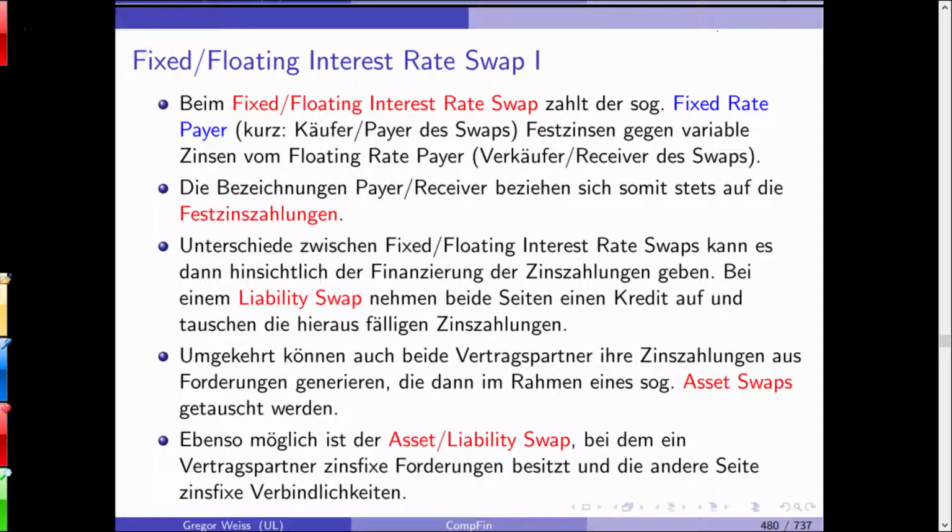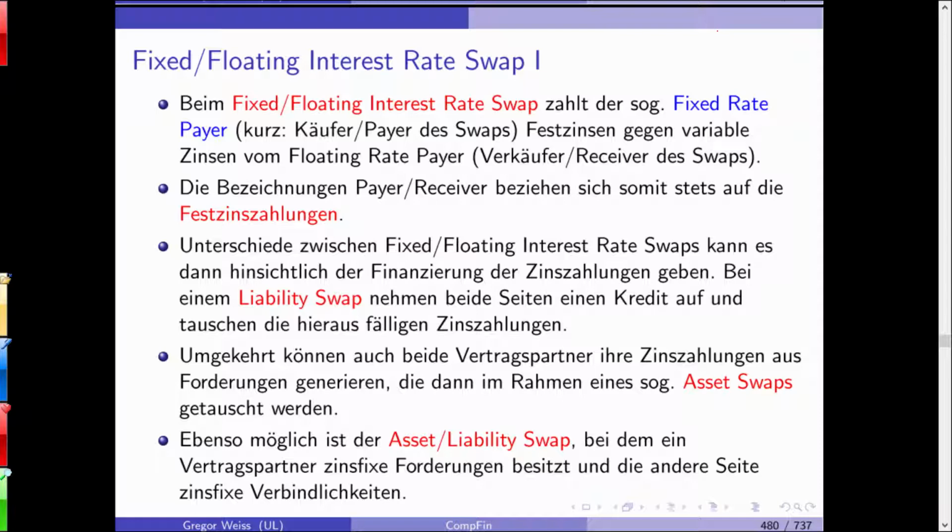In a fixed floating interest rate swap, the so-called fixed rate payer, or just the buyer of the swap, pays fixed interest rates and gets variable interest rates from the floating rate payer, or the seller or the receiver of the swap. This is important to note, because in a swap contract one cannot really say that one party is buying or selling.